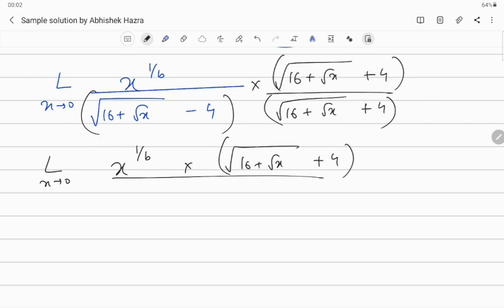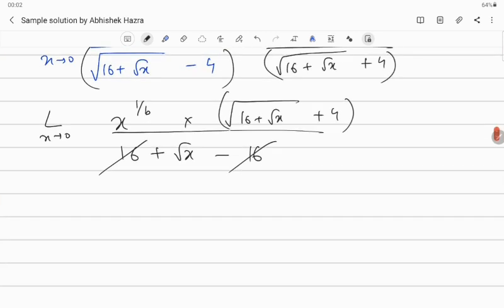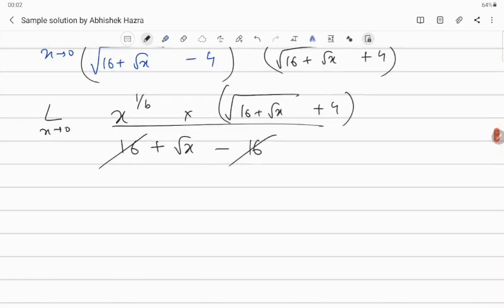So this square minus 4 square, and once we are squaring this, the root will automatically get removed. So I'll get 16 plus root x minus 4 into 4, 16. Now I can simply cancel out this 16 and 16, and since this root x is nothing but x to the power 1 by 2.